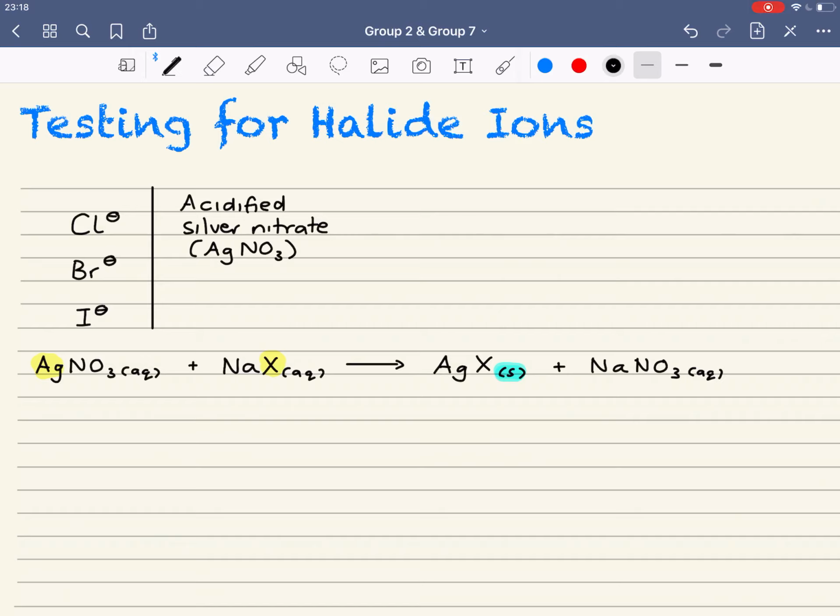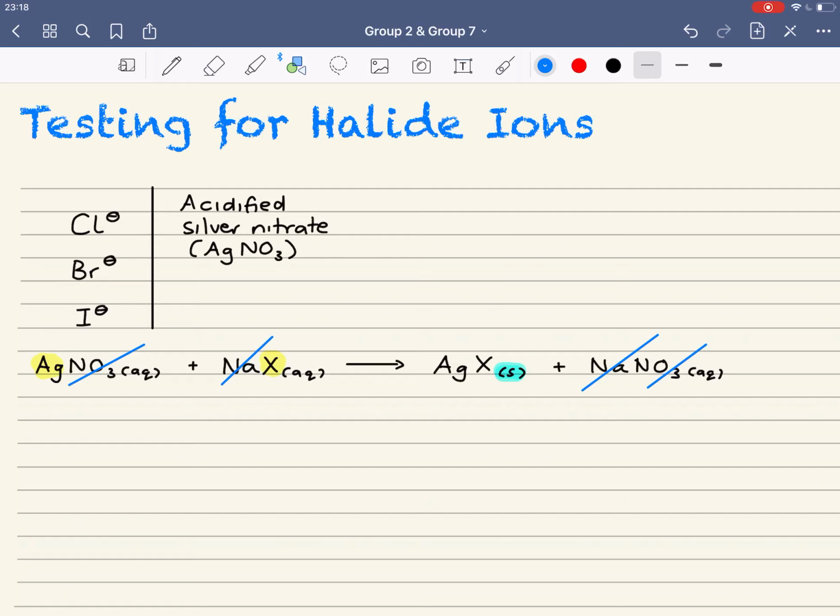Now, what we have is nitrate ions in solution in my reactants, nitrate ions in solution in my products, sodium ions in solution in my reactants, sodium ions in solution in my products.